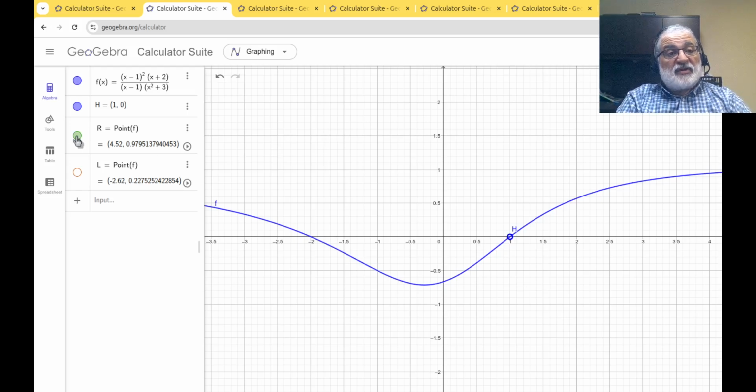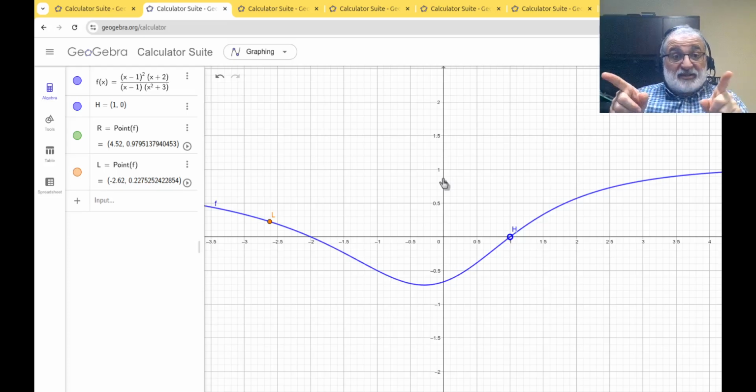So even if I have a point on the right and a point on the left, this point R over here and this point L over here, and I do want to connect point R to a point on the function where x equals 1, I don't know what to do because this point doesn't exist.